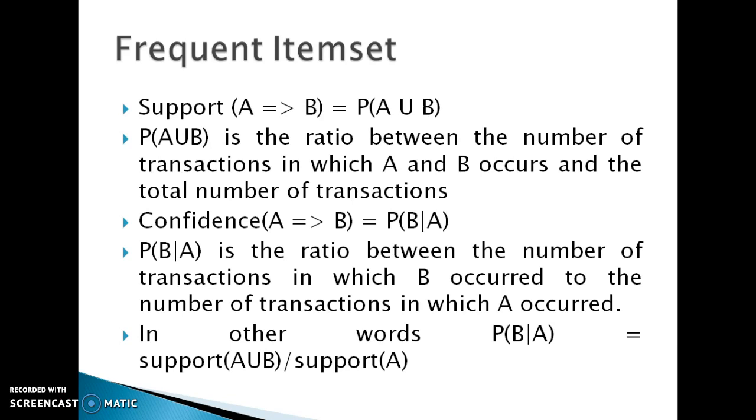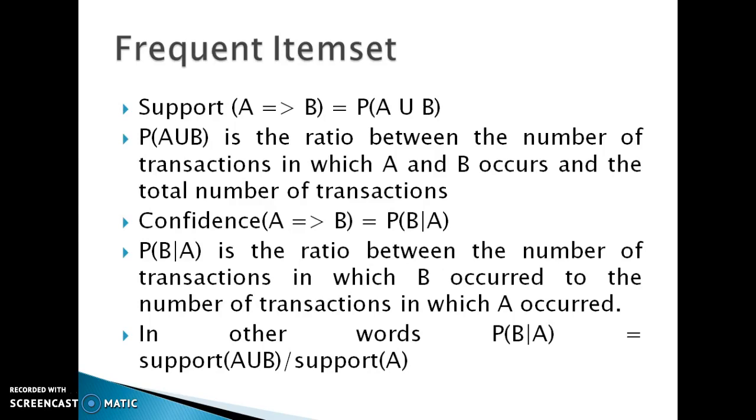Item means the different products available in the shop, and an item set is a collection of products bought. We say an item set is frequent if it is purchased by many customers. So we have to evaluate whether an item set is frequently purchased or not.